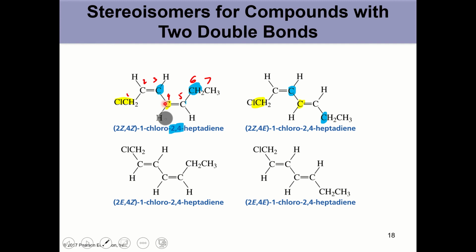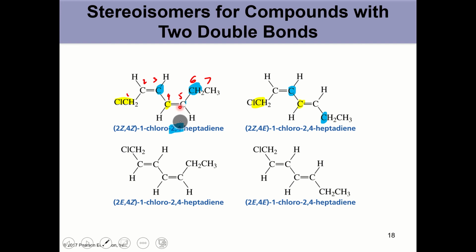And in the other yellow that is listed as carbon number 4, this yellow is higher priority than the hydrogen at carbon 3. And so the highest priority groups on the double bond vinyl carbons for the first pi bond are the ones on the bottom. This pi bond has the Z orientation.